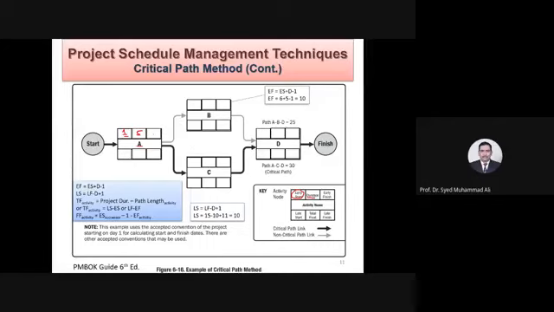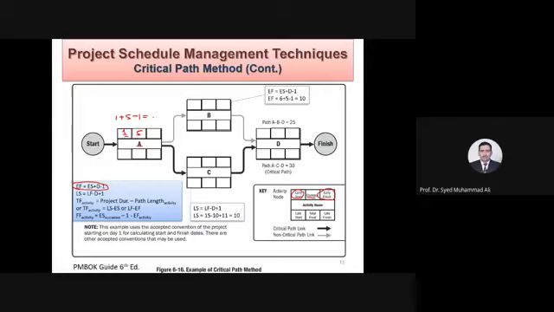Now you see this last box, this one is the early finish. See over here, early finish. For early finish, I have given the formula over here. Early finish is early start plus duration minus 1. So early start is 1, plus the duration is 5, minus 1 equals what?